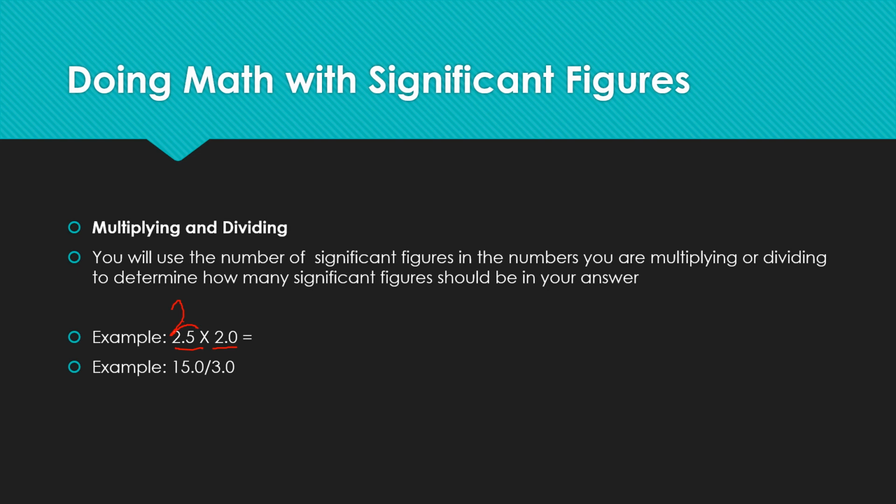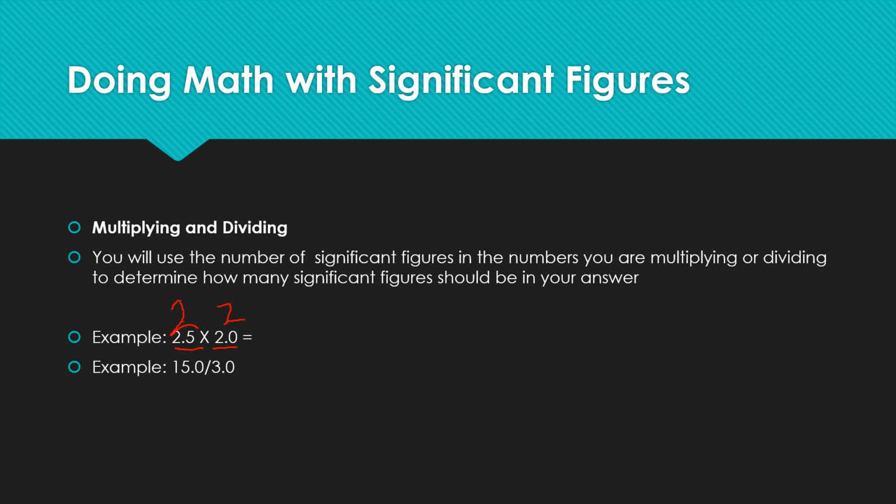This one has a 2, so we know that it is significant, but it also has a 0 trailing after a decimal place. We know that the zeros after a decimal place that are trailing are significant. So this number also has 2 significant figures, which means that we will want our answer to have 2 significant figures. That's the least amount of sig figs we have in the numbers we are multiplying. So that's what our answer should have.